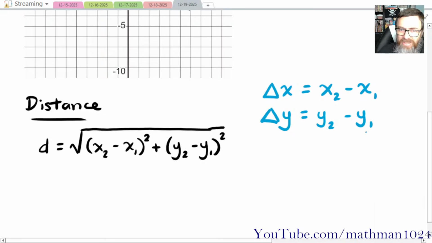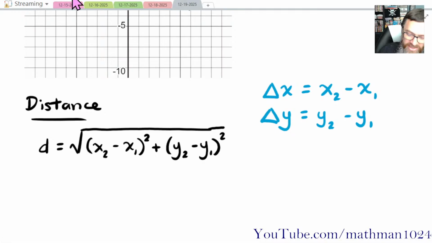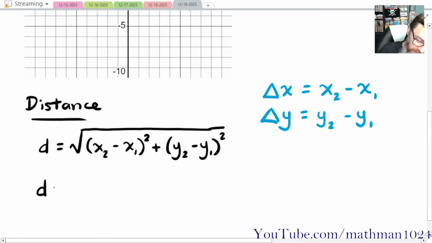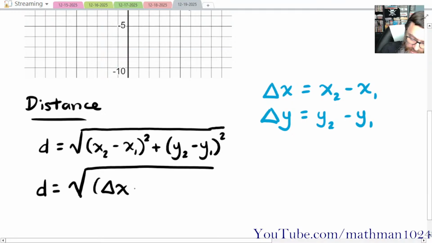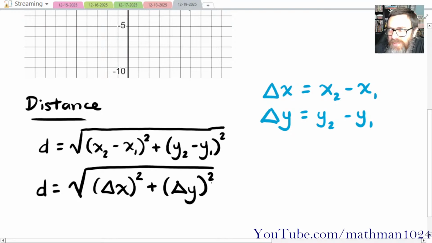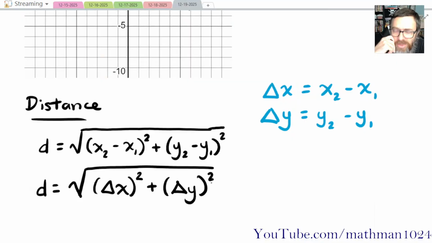So what I like to show my students is that instead of writing this formula that you see, I rewrite it using delta x and delta y. So I'm just going to do the change in x squared plus the change in y squared. Now, a lot of times it does matter the order that you write these numbers in, because you've got the subtraction between the two x's and the two y's.